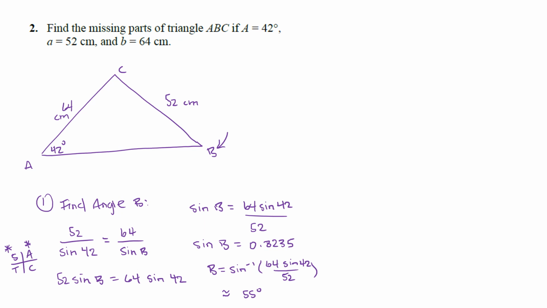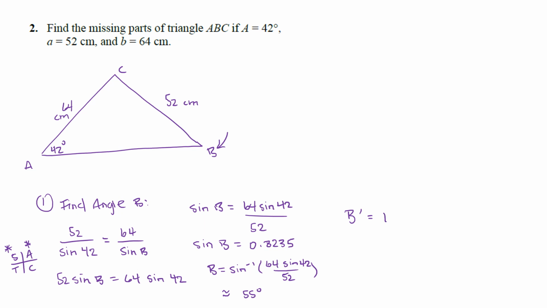So there are two angle measures that can get us 0.8235. So we'll use 55 as a reference angle to help us find our other angle. And we'll give that other angle a prime. So B prime will be the angle that will be in quadrant 2.